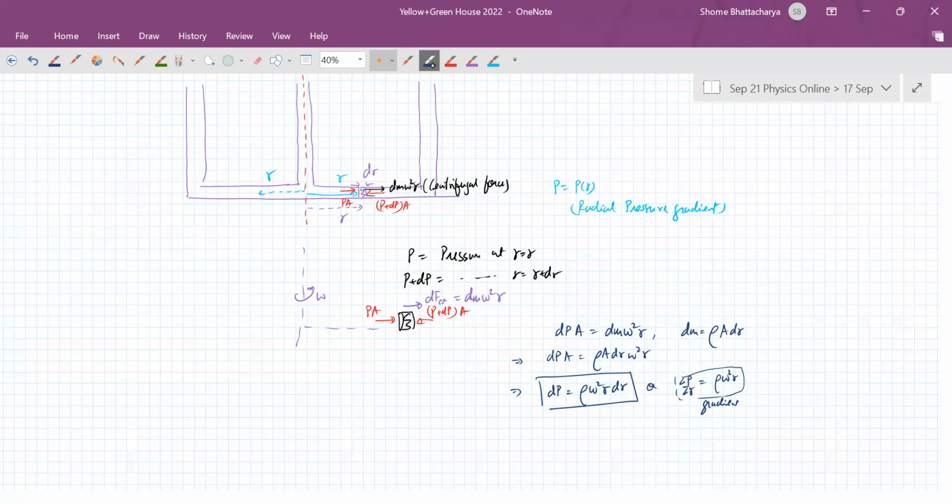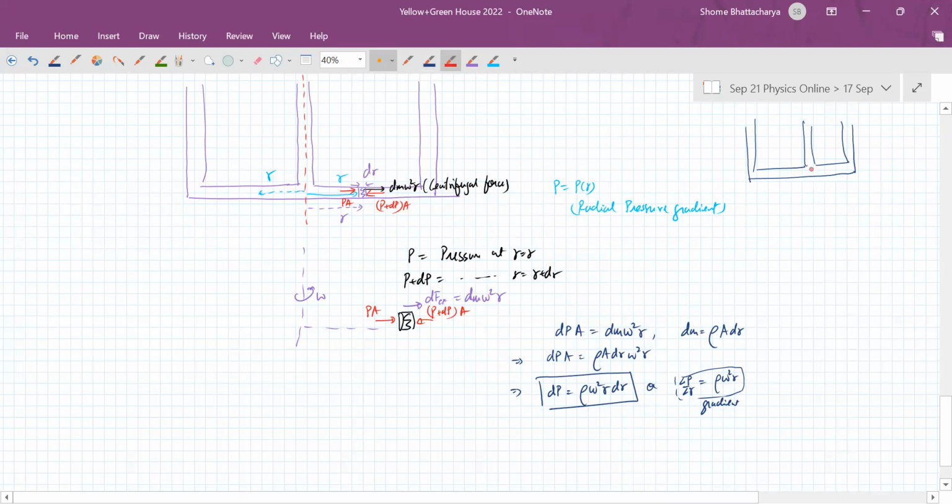Okay. So now coming back to this diagram, if this point is A and this point is B and the distance between them is L, then from A to B, the change in pressure will become the integral of rho omega square r dr from 0 to L, because r is this distance.